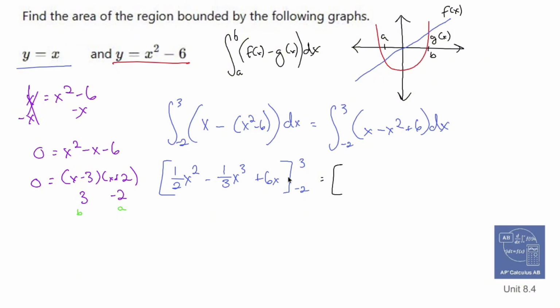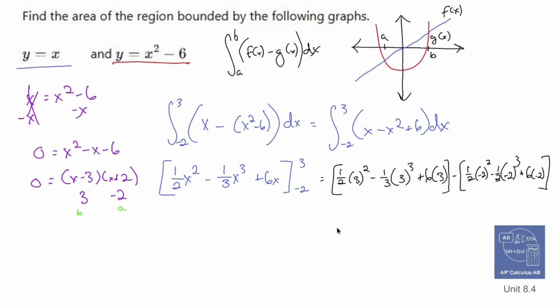So 1/2 times 3 squared minus 1/3 times 3 cubed plus 6 times 3, minus 1/2 times negative 2 squared minus 1/3 times negative 2 cubed plus 6 times negative 2. And we're going to use all this space because I have a feeling we're going to need it.